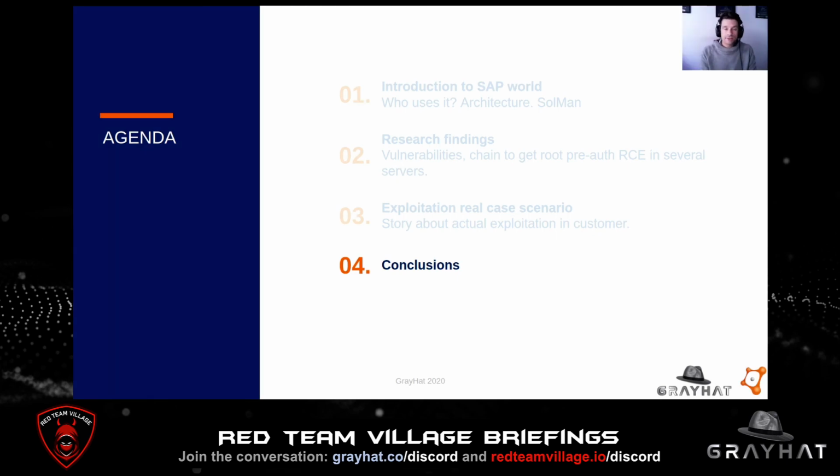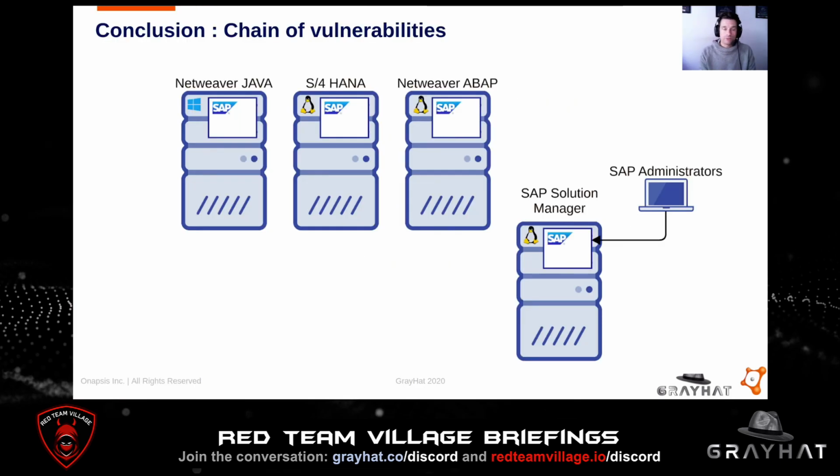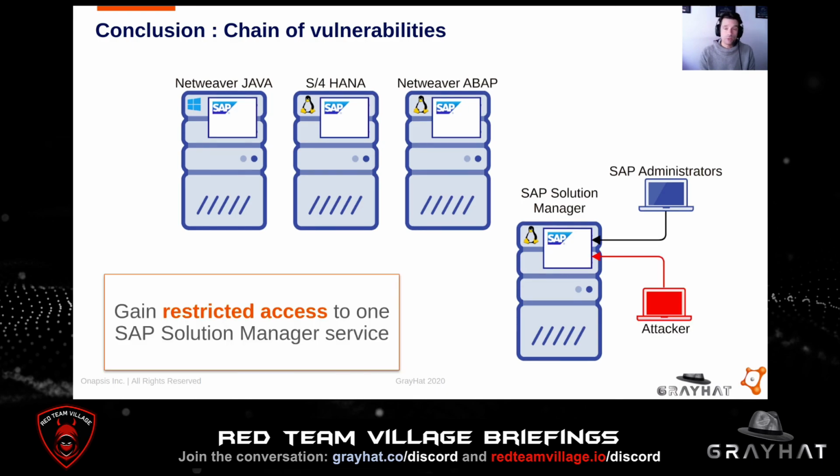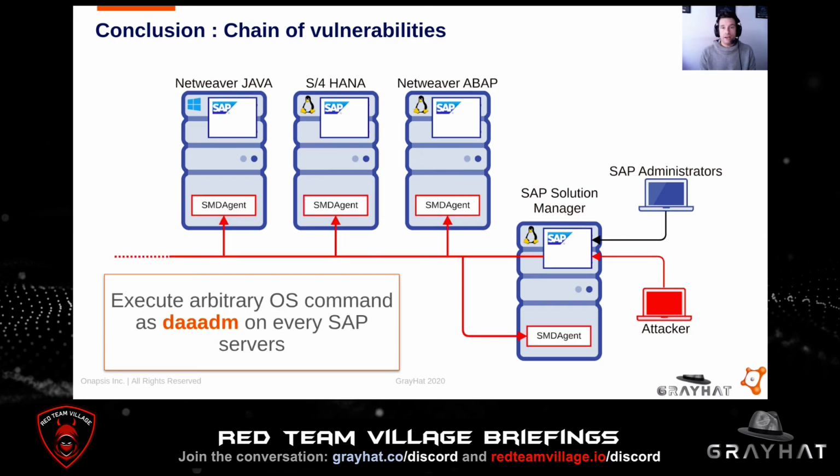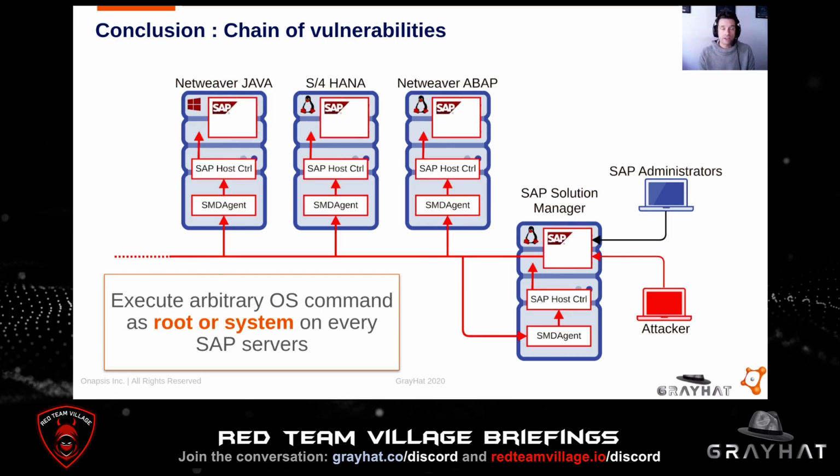So as a quick conclusion, we would like to share some things. The first one is to sum up the attack. Remotely, without authentication, an attacker can access the SAP Solution Manager, execute commands on every SAP host connected to this SAP Solution Manager, and by exploiting some vulnerabilities in the Diagnostics Agent, leverage it to root access or system access.